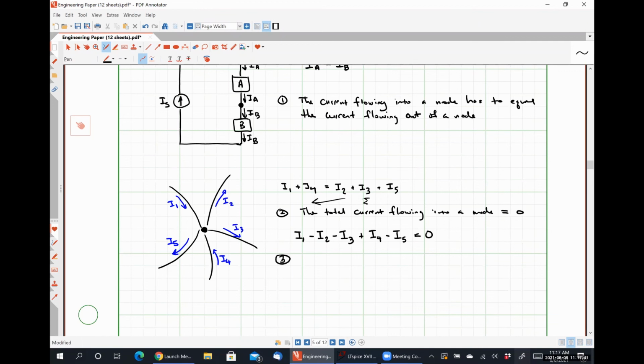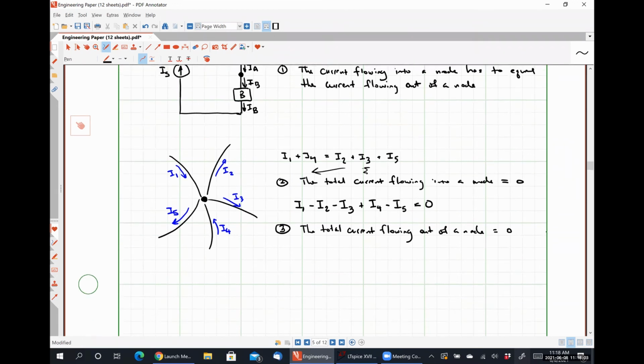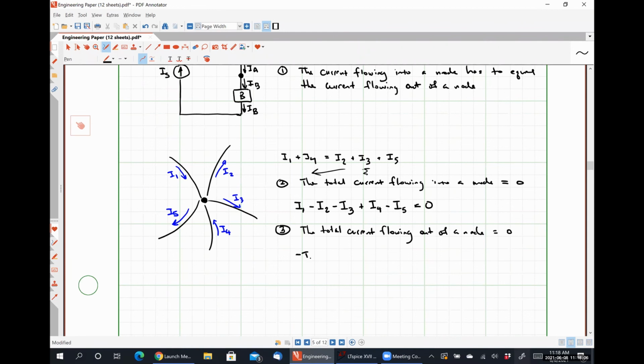There is a third representation of Kirchhoff's current law that says the total current flowing out of a node is equal to 0, where we could say that negative I1 flows out, positive I2 flows out, positive I3 flows out, negative I4 flows out, and positive I5 flows out.